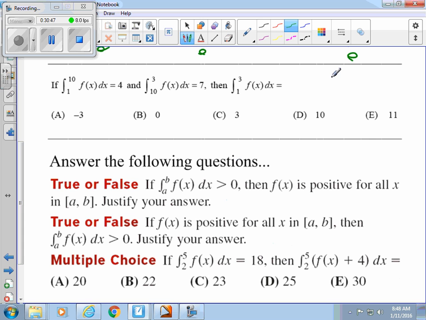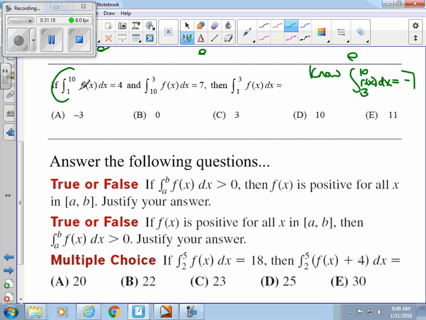So the first thing I'm going to note is that I know the integral from 3 to 10 of f of x dx is what? -7. Which is good to know. What do you know about the integral from 1 to 3 and the integral from 3 to 10 of the same function?